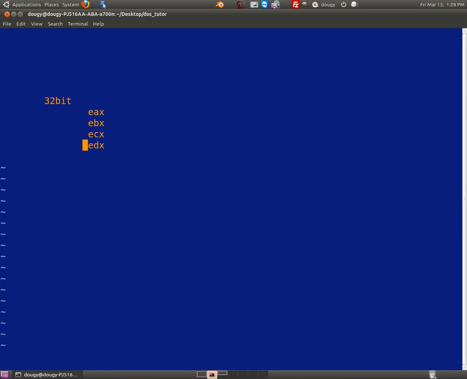Now, since we're only sticking with 32-bit, here's the evolution behind it. What happened was, 32-bit computing came out in the 80s, right? And it was a greatly powerful processor. It was the 386, okay?